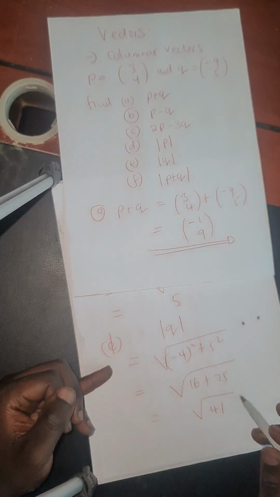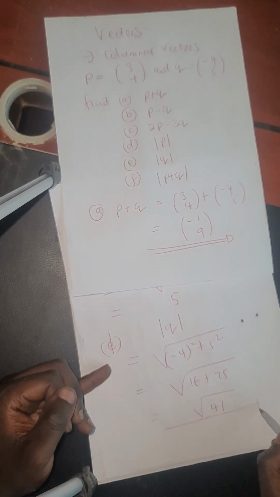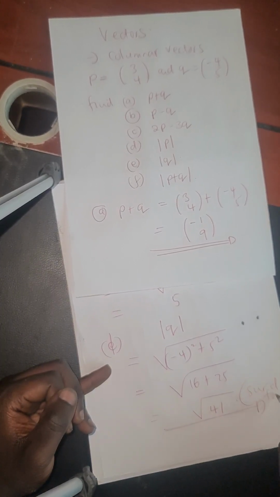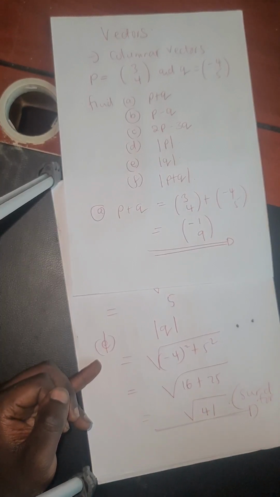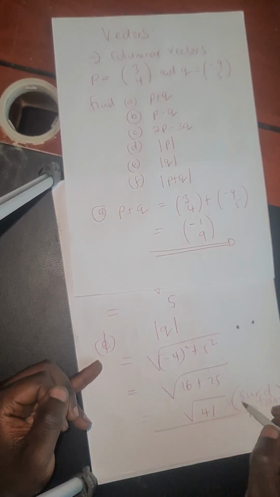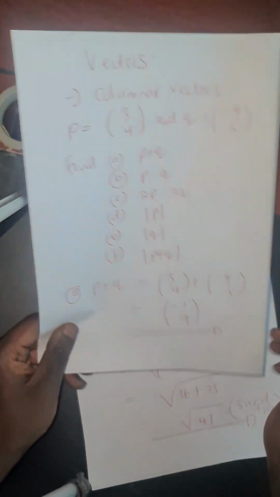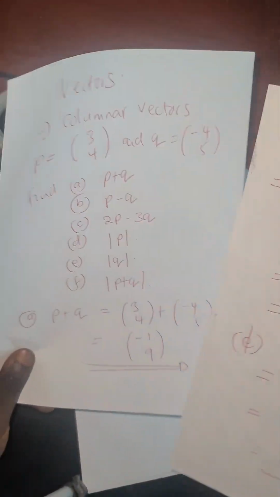We can't really work out the square root of 41, so we leave it in surd form. We just leave it like that, right? I hope you guys are understanding what I'm doing right now, right?